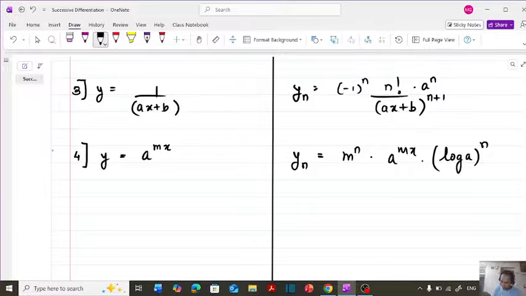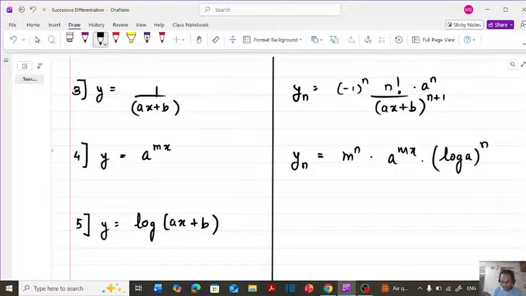Okay, and now there is one more version which is a bit important. I'll give you that too, which is the fifth version, because there is a to the power mx, and there is log also over here. So log of (ax plus b). What is that going to give you?